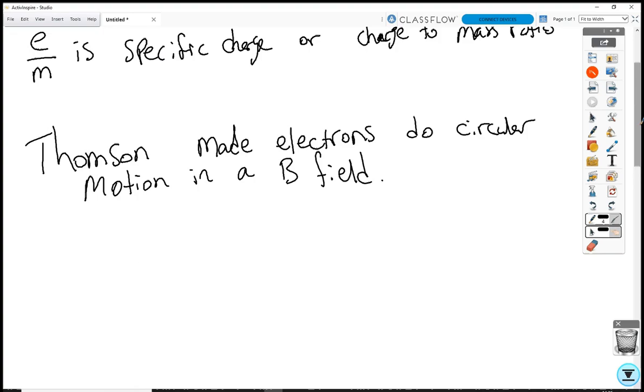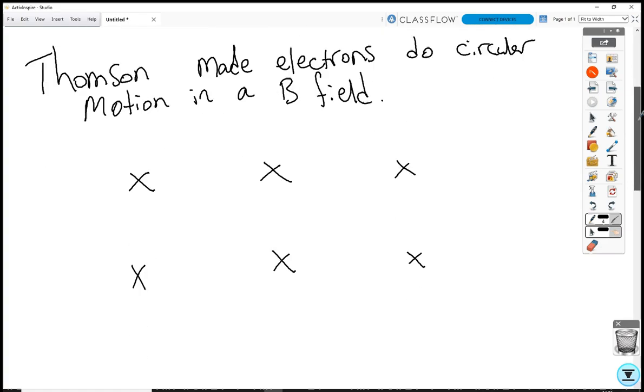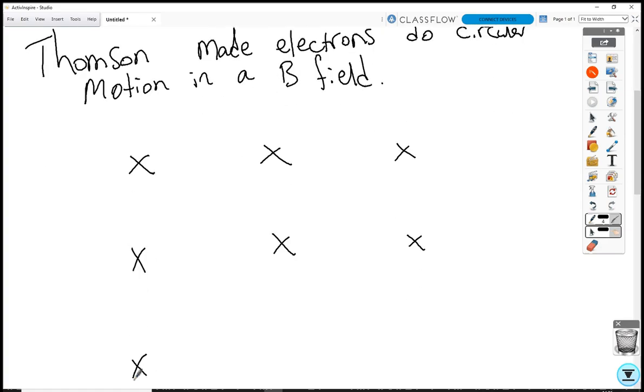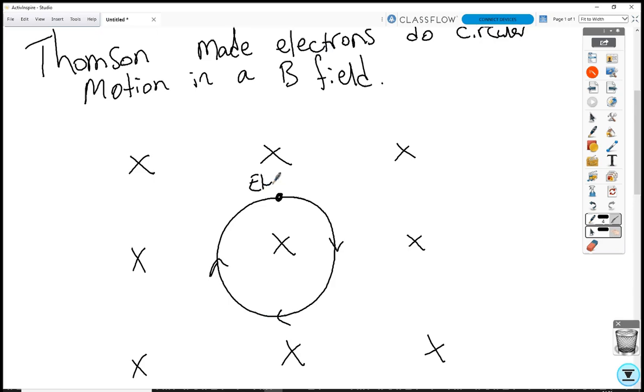So let's sketch, first of all, a uniform B field. And we'll draw electrons doing circular motion in this B field. I can draw these electrons at different positions.